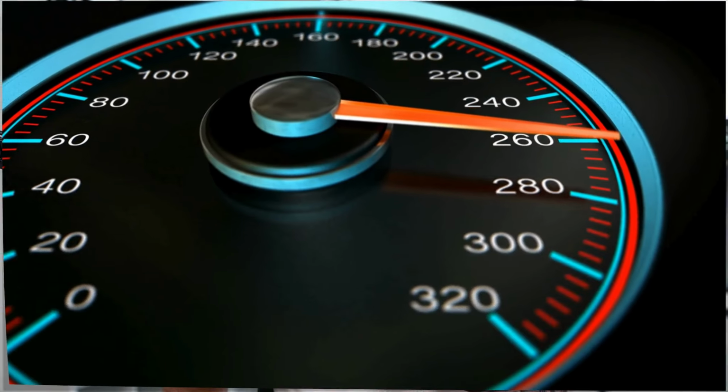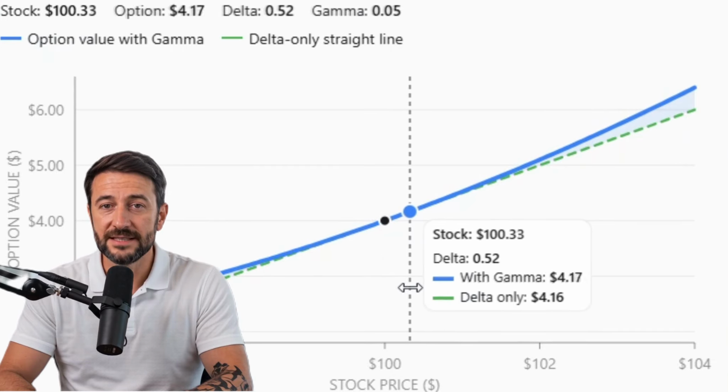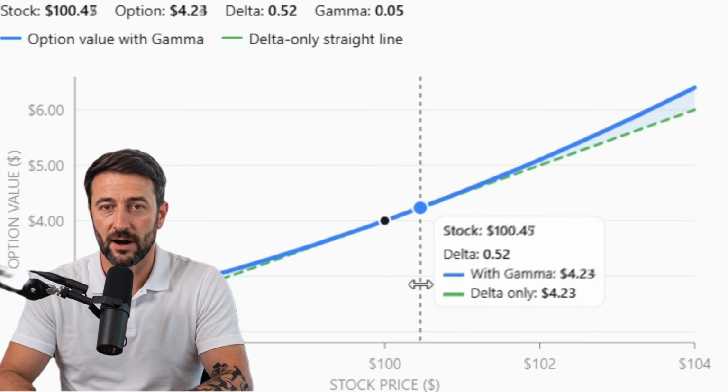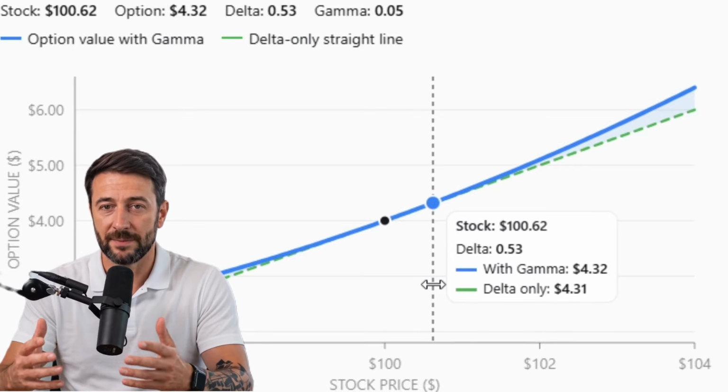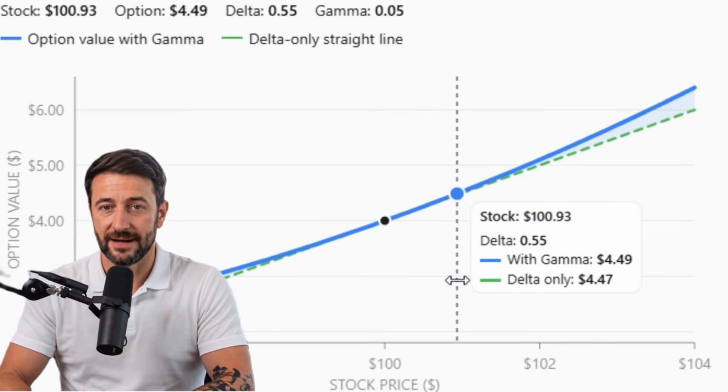Imagine a stock is trading at $100. We buy a call option with a delta of 0.50 and a gamma of 0.05. A delta of 0.50 means the option should initially gain approximately 50 cents if the stock rises by $1, assuming everything else remains unchanged. But after that move, gamma changes our delta.